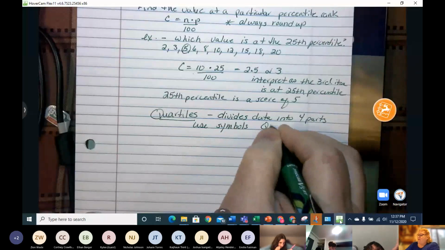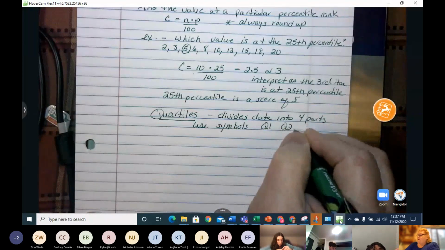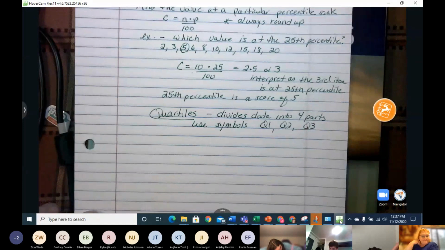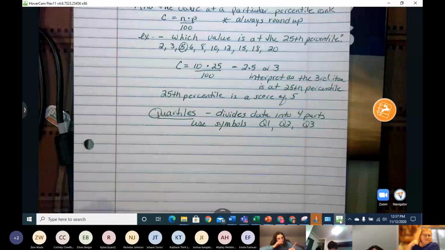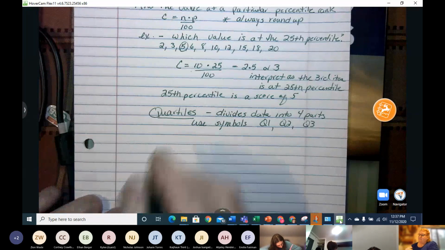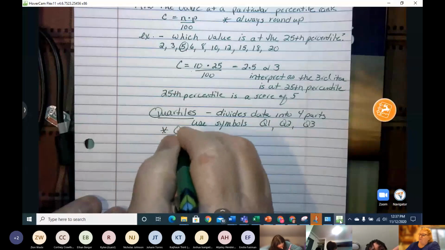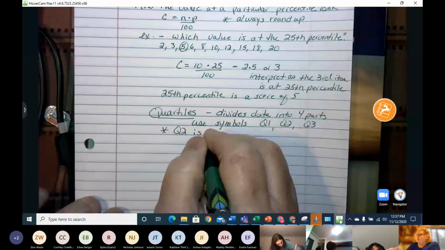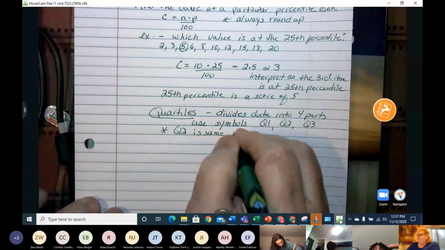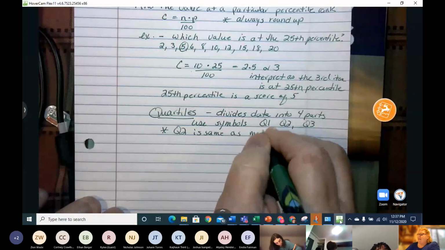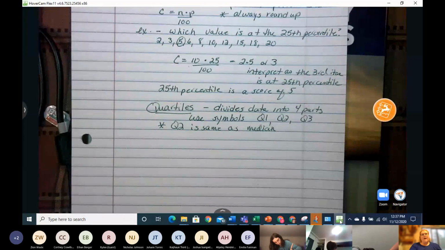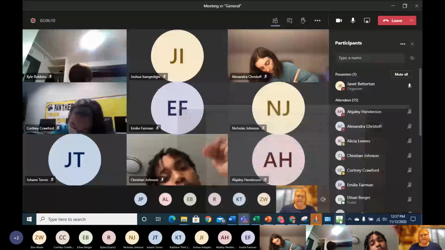We use the symbols Q1, Q2, and Q3. We only have 3 quartiles, even though that's all it takes to get 4 parts. Special note, quartile 2 is the same as the median.